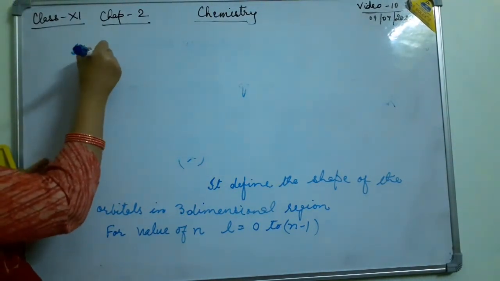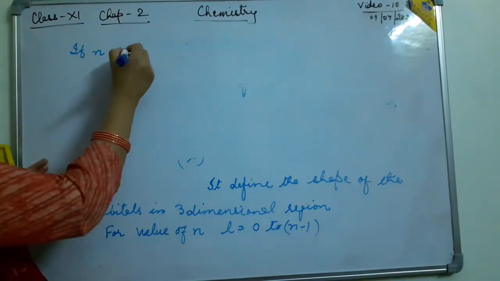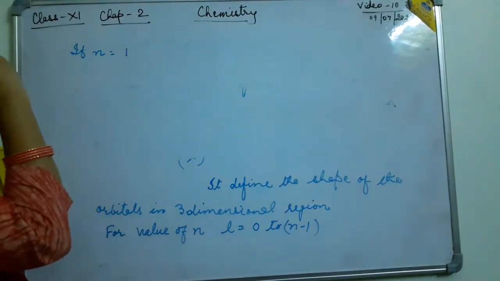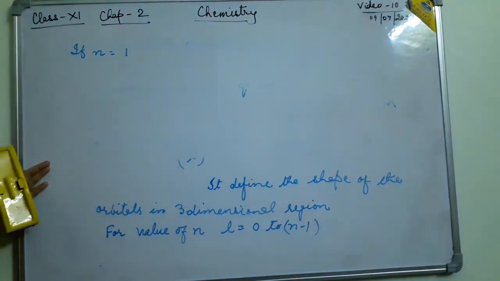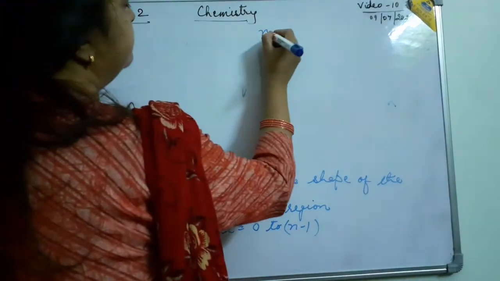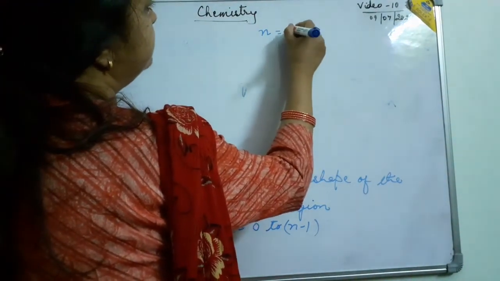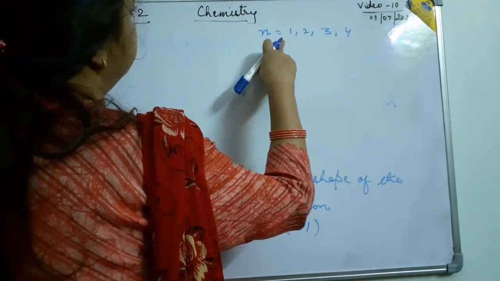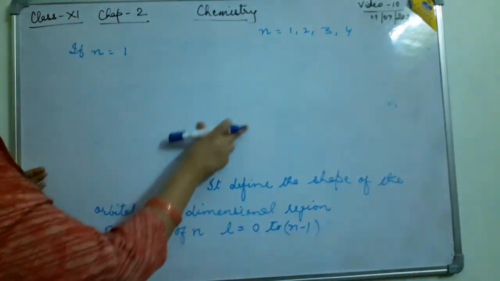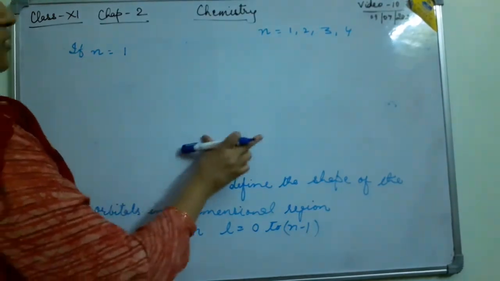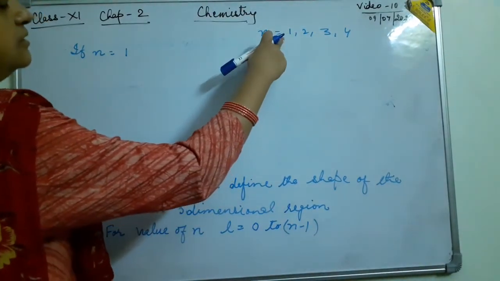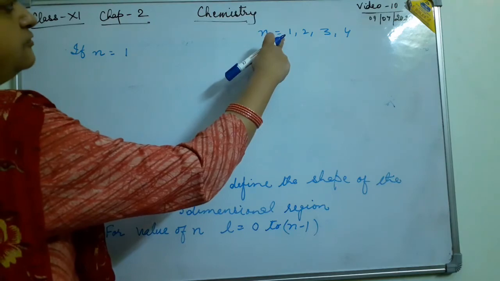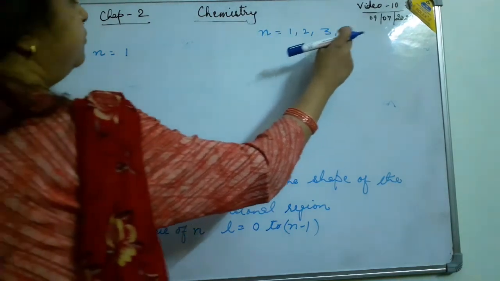The principal quantum number n starts from 1, 2, 3 and 4, any positive integer. There is no 0 here, because at 0 there is no probability of finding electrons.